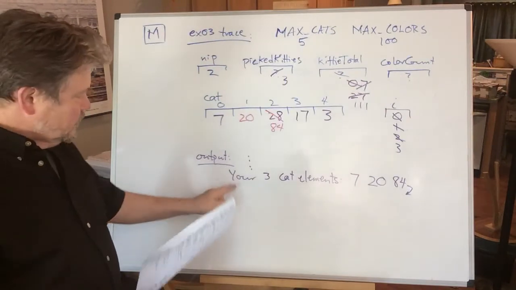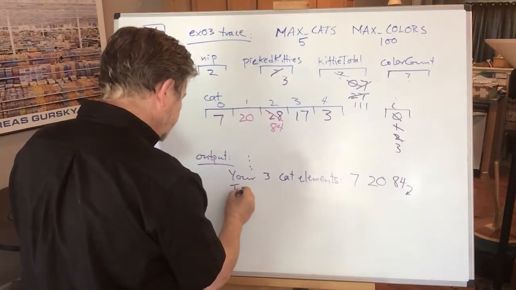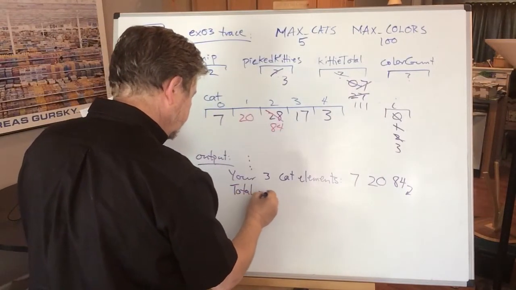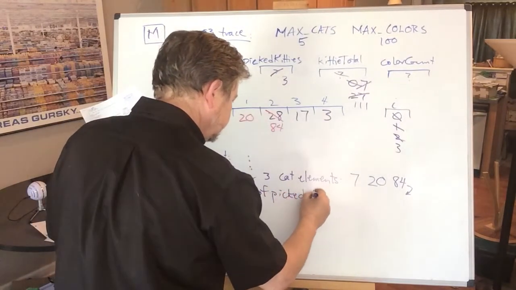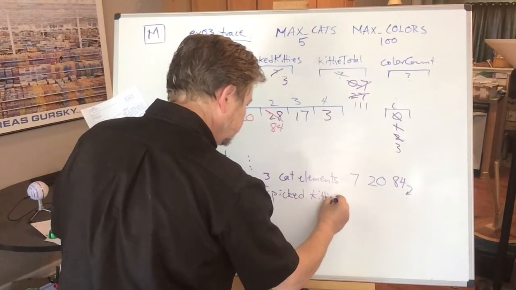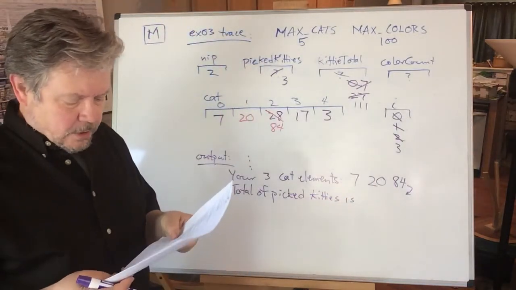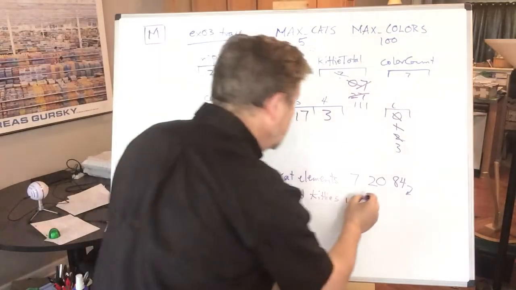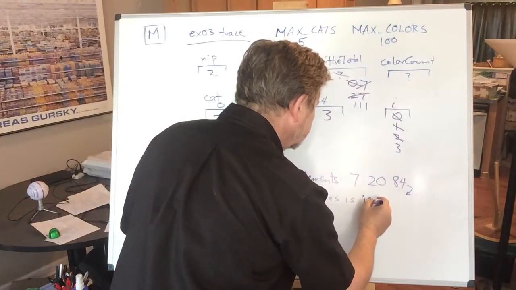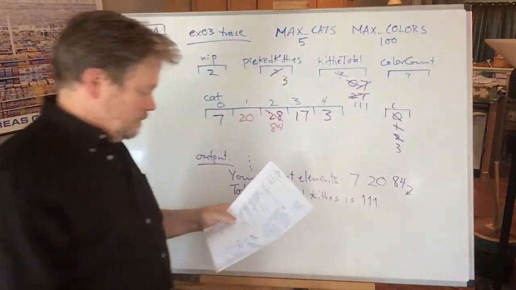It tabs over just like we tabbed that over and says total of picked kitties is. That was just printed out verbatim as a string, and then it prints out the value of variable kitty total. Value of variable kitty total is 111, like so. Something like that.